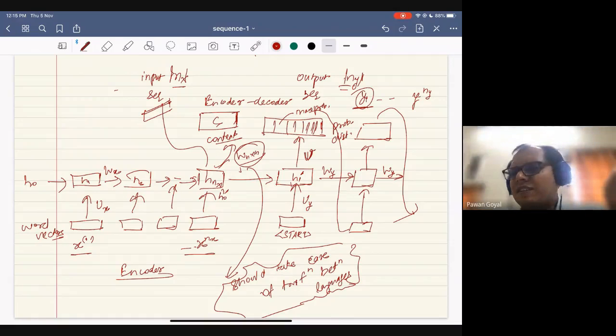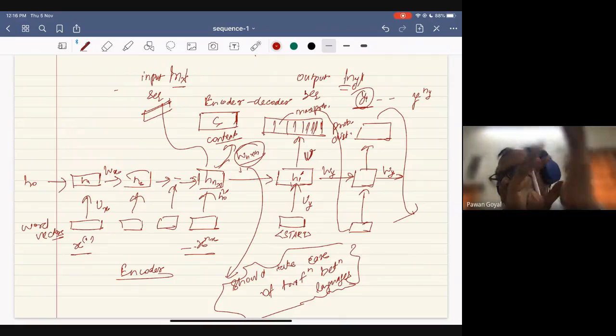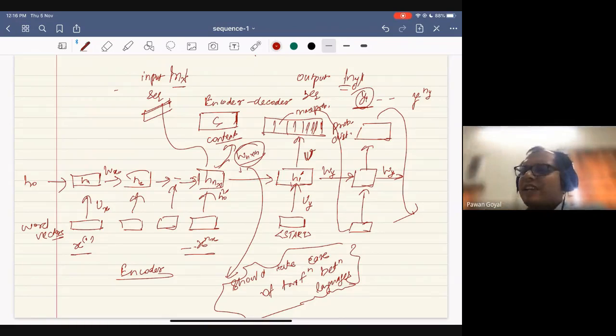Suppose you have to learn a mapping from English to Hindi. Say I have an embedding for a word in English. Can I get a corresponding word in Hindi, the closest word? How do you learn that mapping?